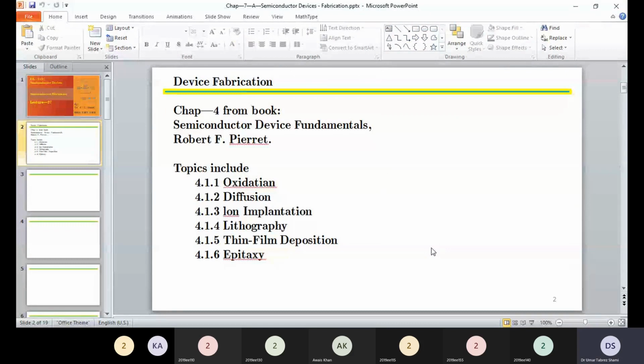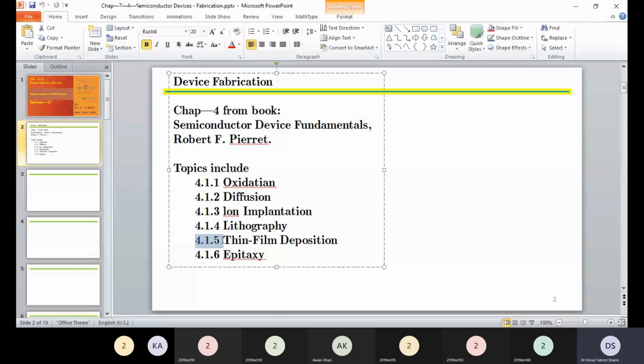And in this online lecture, we will complete our syllabus concerning device fabrication. That is, I want to cover Article 4.1.5, thin film deposition, and Article 4.1.6, the epitaxy.